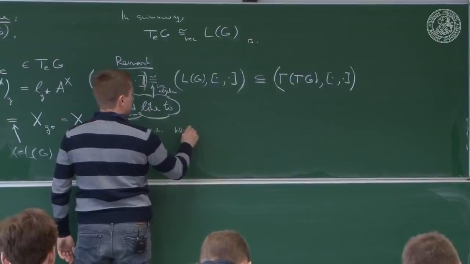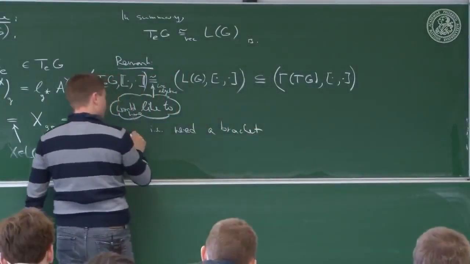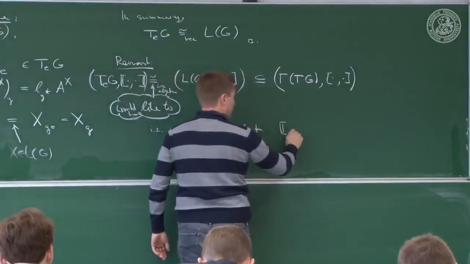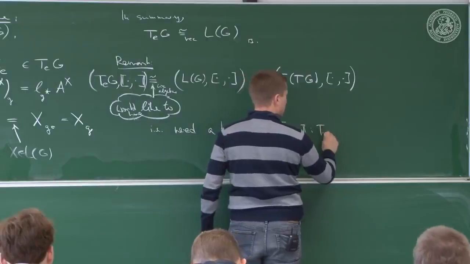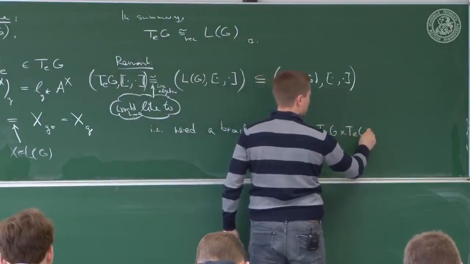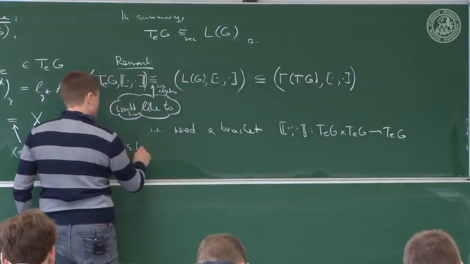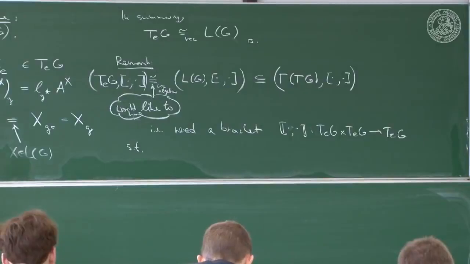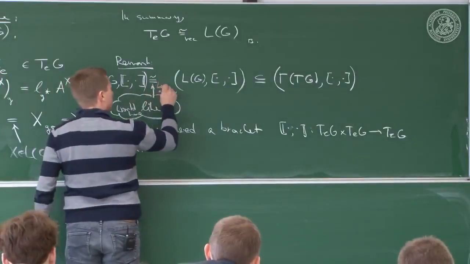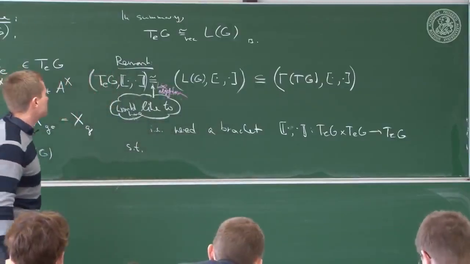That is, we need a bracket, double bracket. So the double is only to show it's a different bracket. Double bracket on TEG cross TEG into TEG, such that, and this is the structure preserving property, we want this to be an isomorphism of Lie algebras.